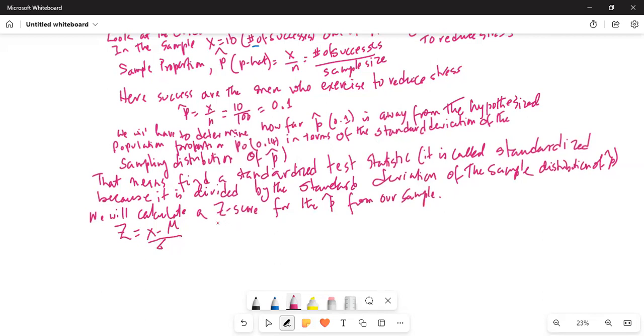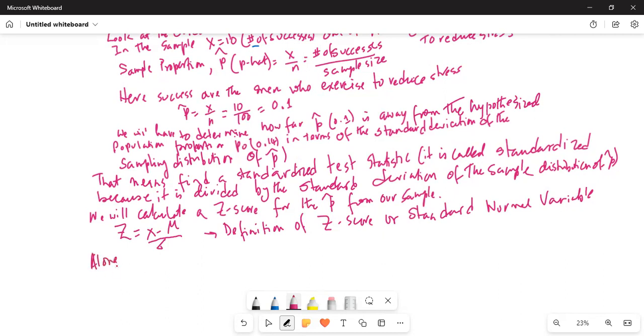Okay, this is the definition of z score or standard normal variable. So we are taking the difference of x from the population mean and dividing by the population standard deviation of the distribution of x.